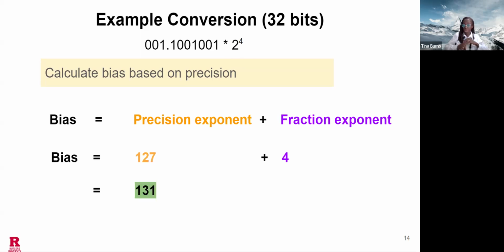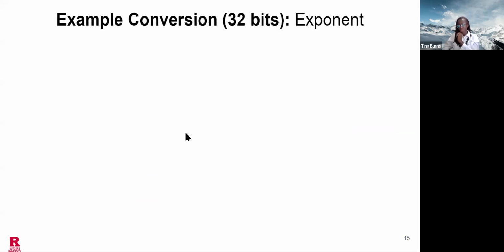That is just a combination of both of those put together. 4 represents how many times I had to move that decimal place over to get this to the leftmost point of my number. And 127 is by default that space that is allowed. It's how precise I can be, given that I am allowed 8 bits of information to store the exponent. All right, so 131. That's what I'm dealing with.